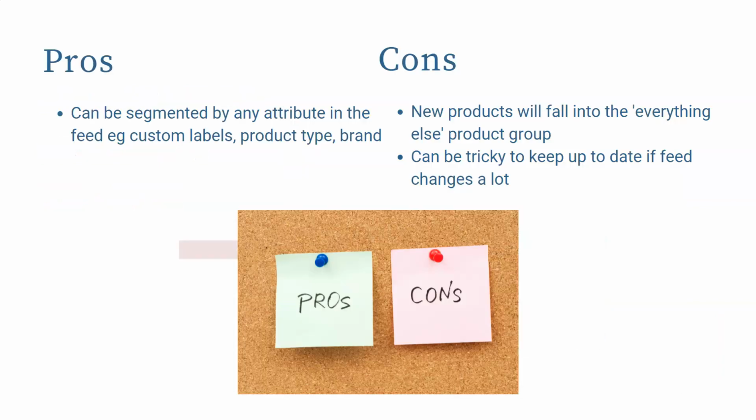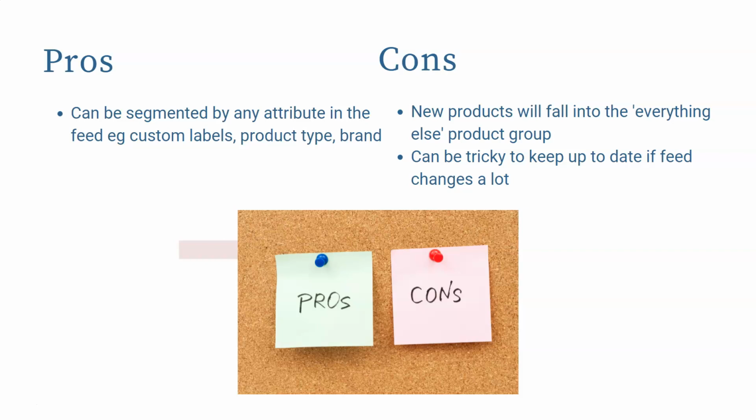What that means is when you have new products coming into the feed, you have to go into each individual segment to pull those products out of the everything else product group and get them showing individually inside that section. So that's a bit of a pain if you have to do that manually. If your feed changes a lot, then that can be a bit tricky. There are tools that will do that for you.